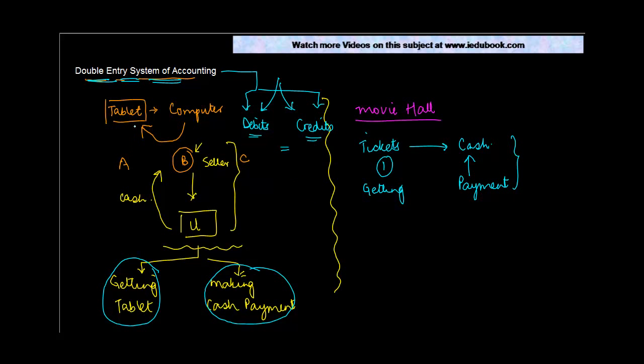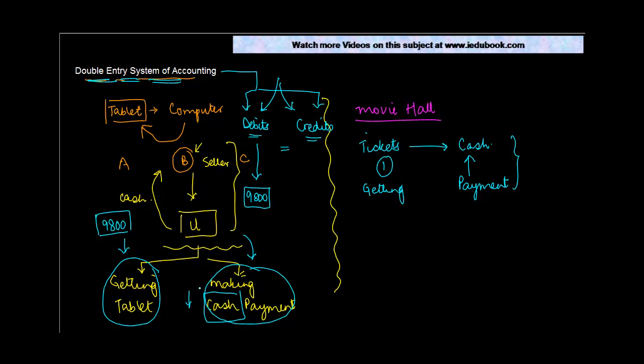So when you get a tablet, let's say for 9800, you get a tablet which is a valuable asset for 9800. The rule of accounting tells you that an asset, when it comes in, has to be debited. So you will debit the asset by 9800. At the same time, when you make a payment in cash, the amount of cash available with you will go down.